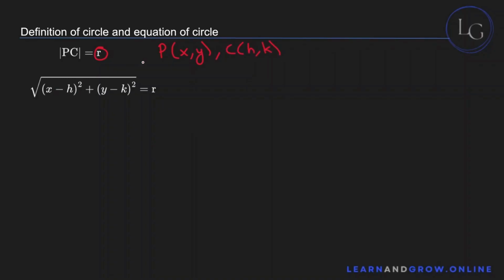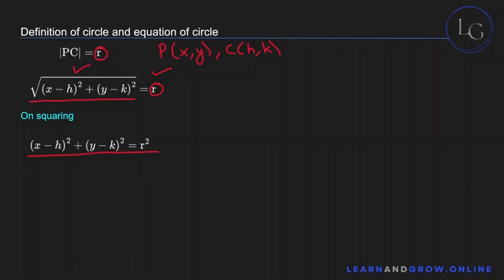So the distance from P to C can be represented like this. You already know the distance formula from before, and that is equal to the radius r. Now, if you square both the left-hand side and the right-hand side, you get this. And this is the equation of a circle in its standard form, by the way.